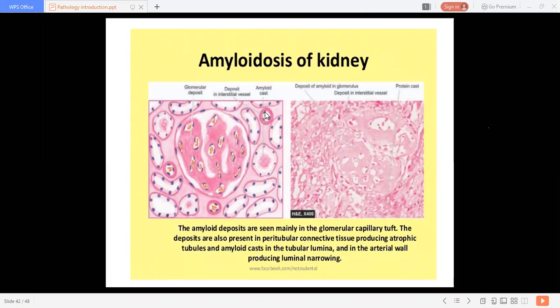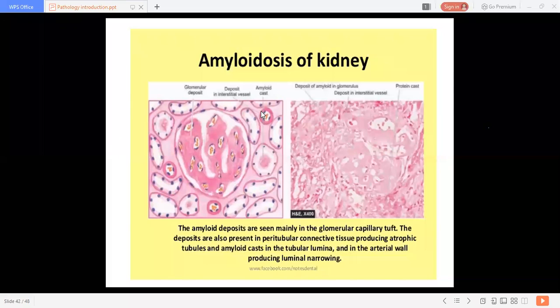Whenever amyloid is deposited in the interstitial vessels, you can see the narrowing of the vessels due to deposition of amyloid in the wall of the artery. So the vascular narrowing is induced by the deposition of amyloid within the arterial wall. The blood supply reduces and that is why the kidney size reduces. It may become shrunken or contracted in advanced cases, but in the primary stage, it may be normal size or it may get enlarged.